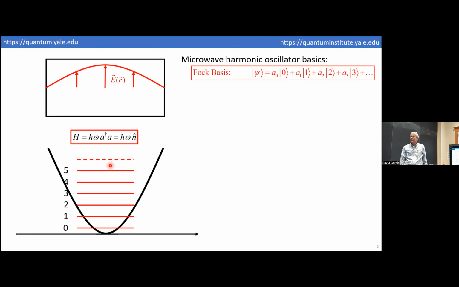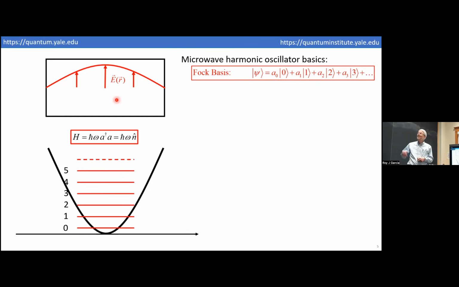So our oscillators are electromagnetic modes trapped in superconducting boxes with Qs of 100 million to tens of billions. I'm a fan of using first quantization in quantum electrodynamics.